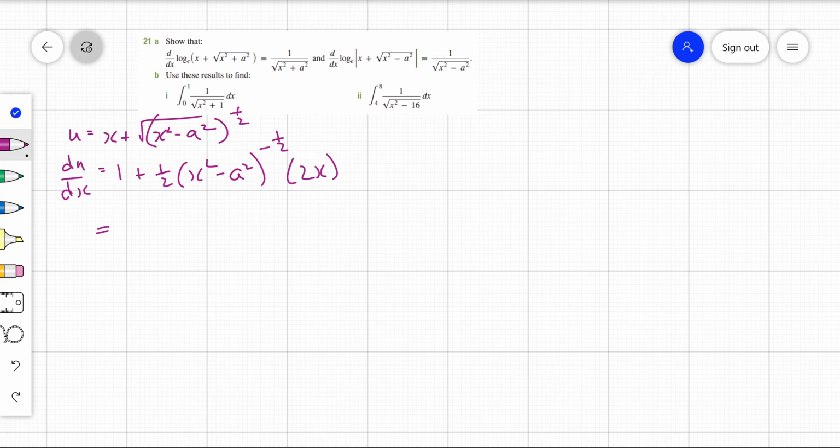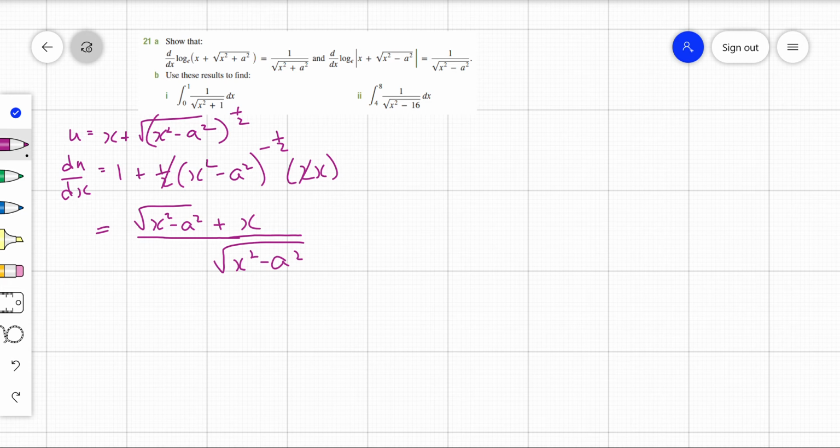So again, you can see the 2 and the half will cancel, so that we are getting an x over square root x squared minus a squared. So if I make a common denominator, that 1 will be square root x squared minus a squared.